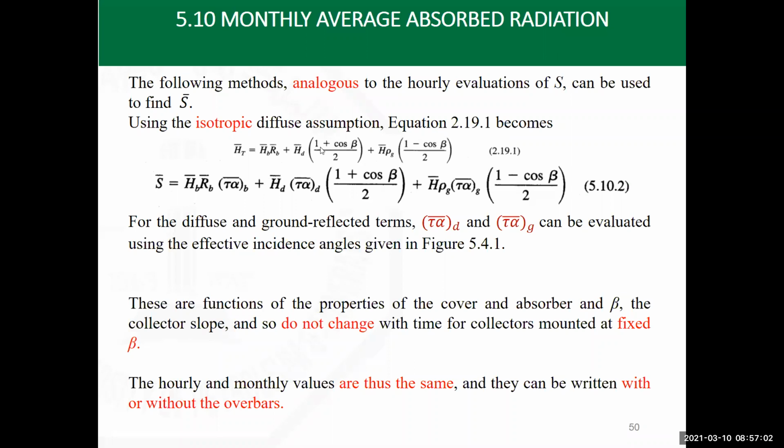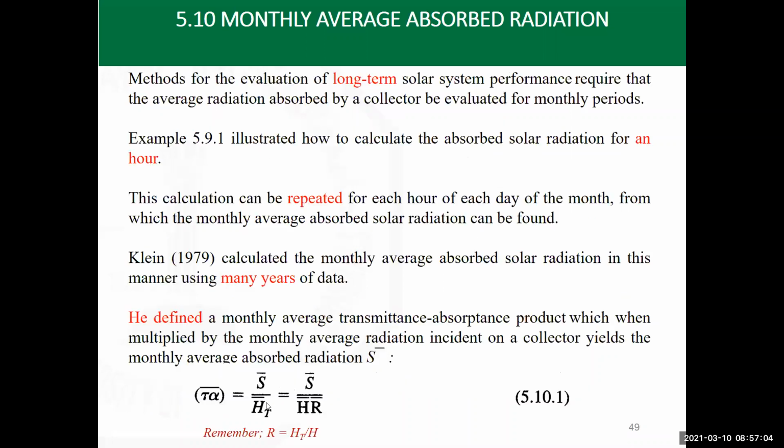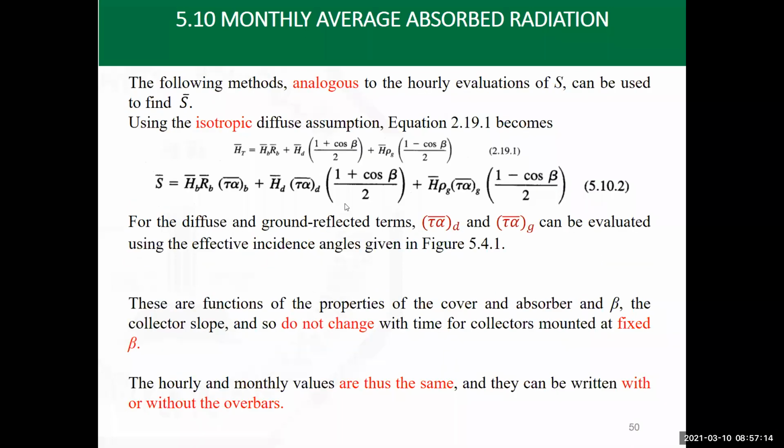So this has been considered here using the definition of S equal to tau alpha multiplied by H_T or H times R, and the value has been obtained here as alpha, as you can see.